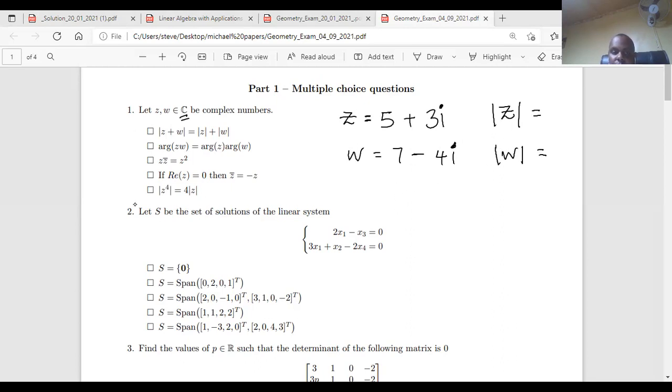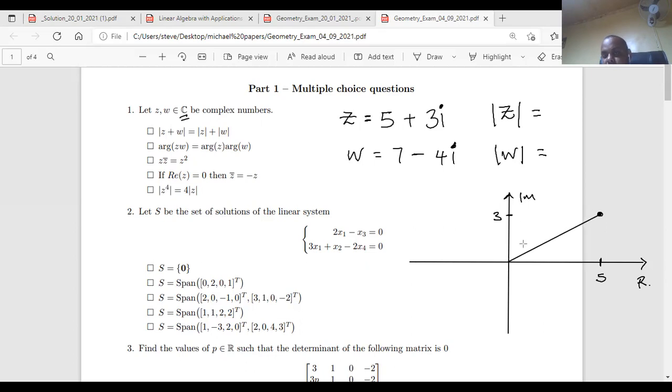The modulus is the absolute value, but for complex numbers the process is a bit long. For example, 5 plus 3i: this is the imaginary axis, and this is the real axis. If this is 5, and on the imaginary axis you have 3, this is your number 5 plus 3i. Its modulus is the distance between that number and the origin.